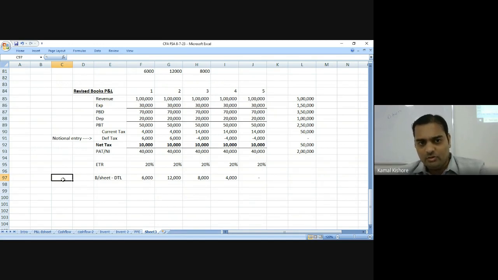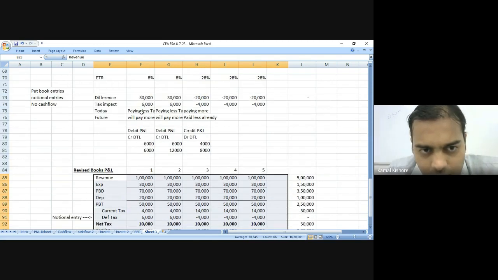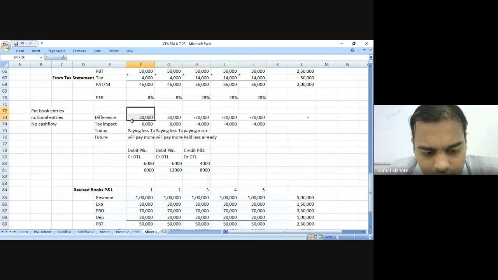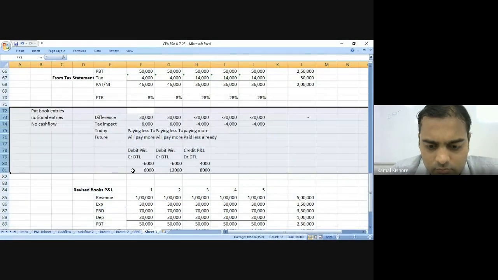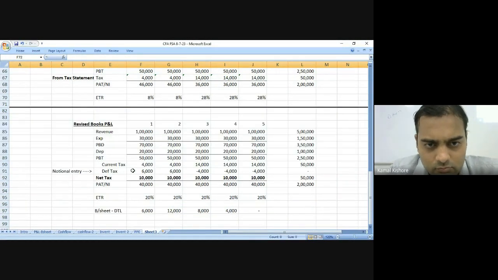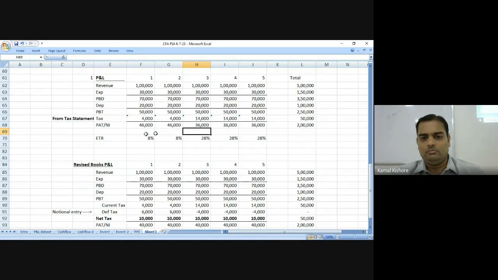This is the revised. This is how I have to present my books. There's no changes. This was your P&L. Okay, I will show now. Your P&L was like this before. 46, 46, 36, 36, 36. Now it is.